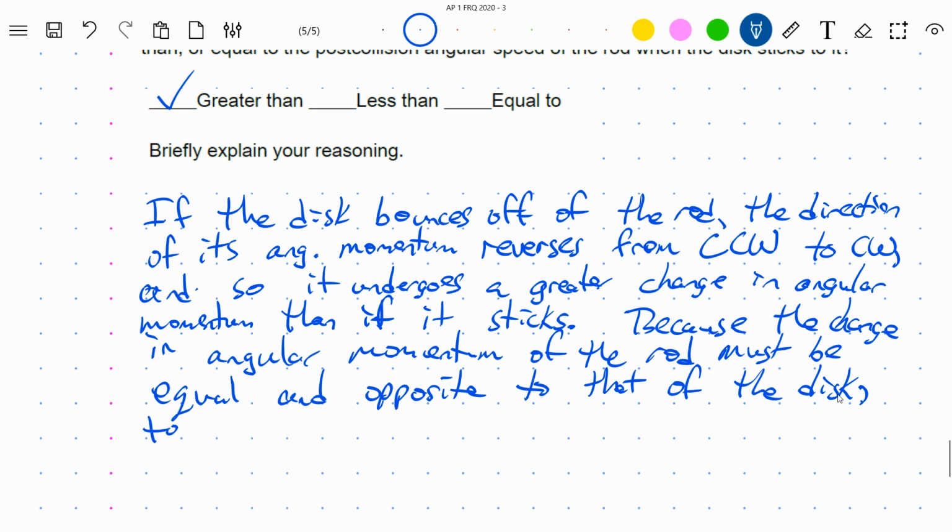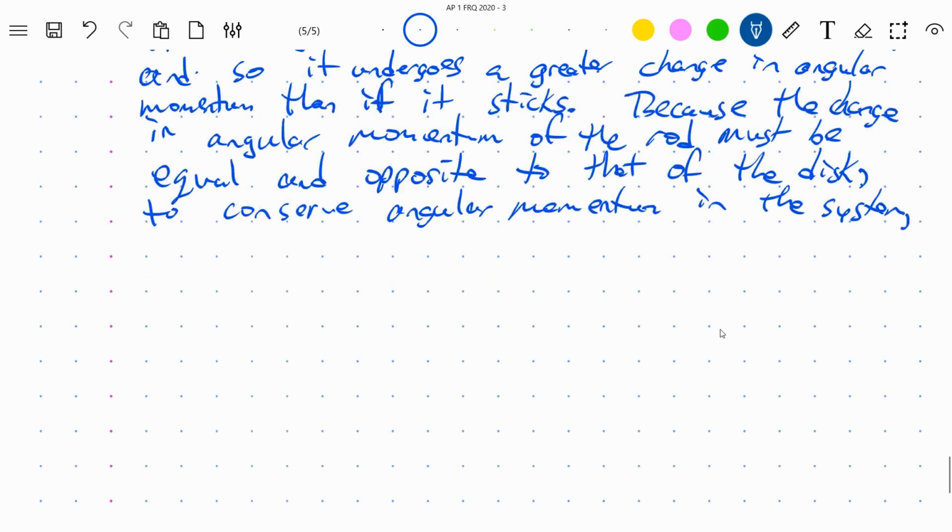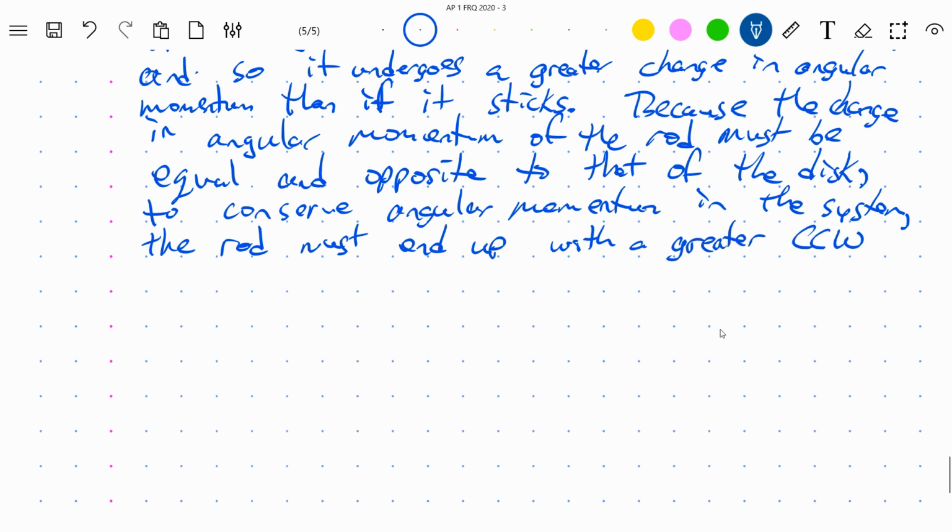In fact, in order to conserve angular momentum in the system, the rod must end up with a greater counterclockwise angular momentum than in the previous case.